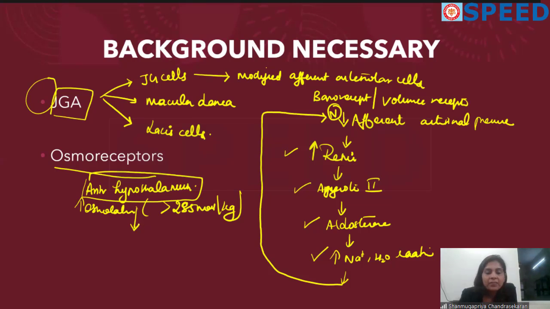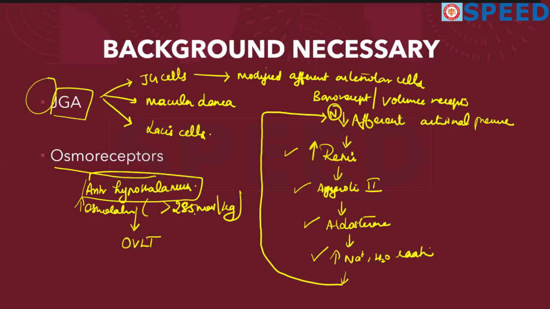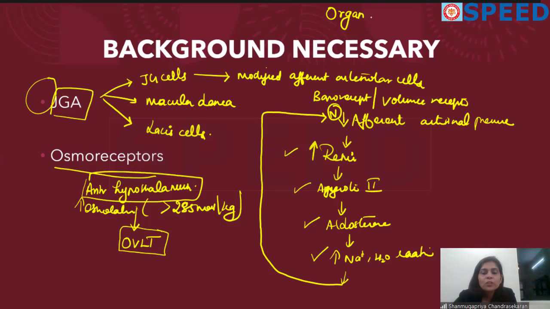And when they get activated, they bring about their actions through the OVLT, the organum vasculosum of lamina terminalis, which is one of the circumventricular organs.